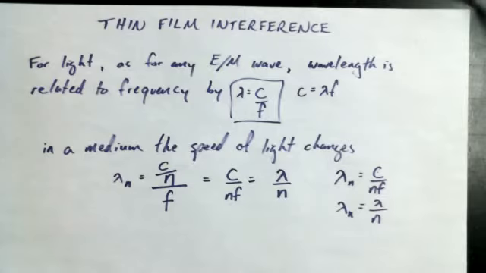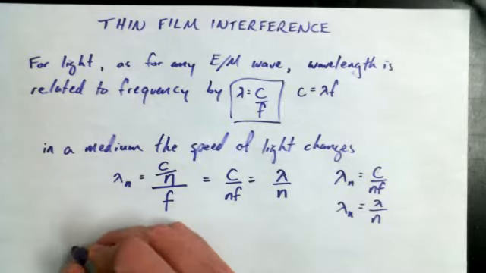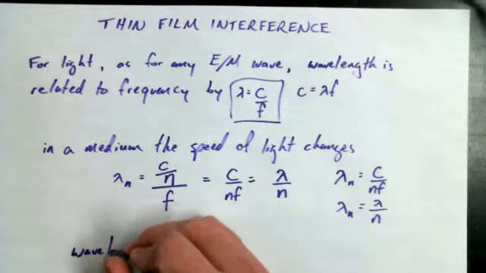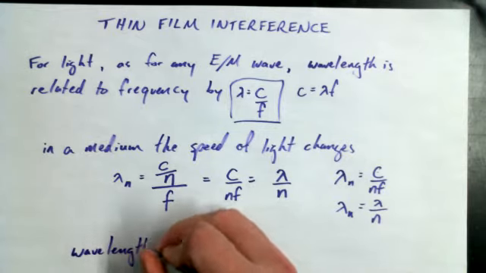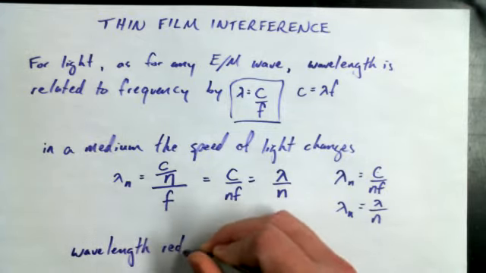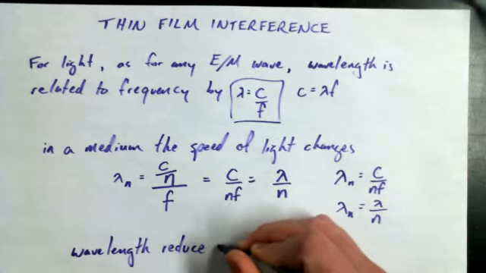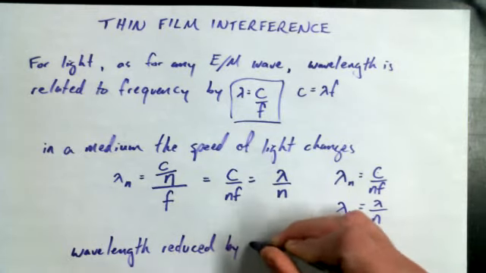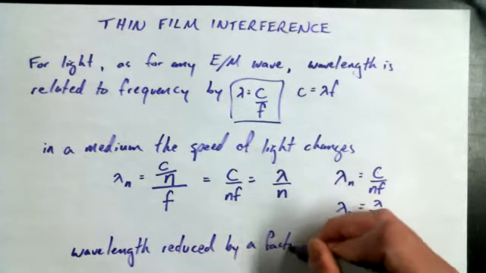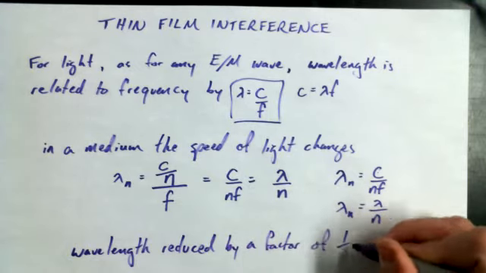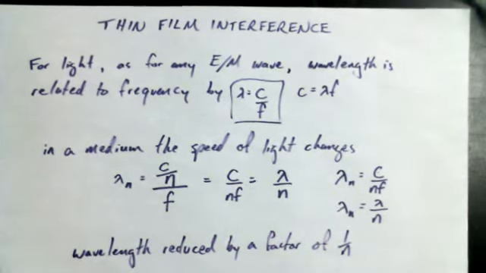But then, as soon as you came out of that bubble, you'd see things at the same rate as everybody else. All right, so we say that the wavelength has been reduced by a factor of n, where n is the index of refraction.